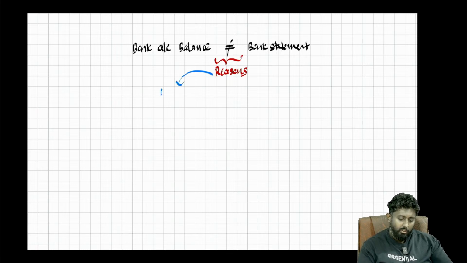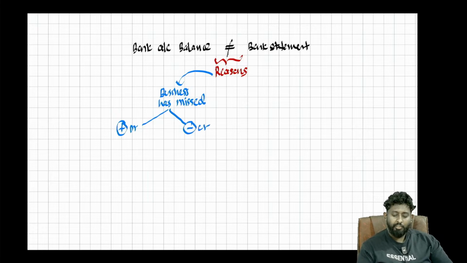The possible reasons could be very simple. One, the business has omitted, or missed, certain transactions. So the business has not debited or credited certain transactions.